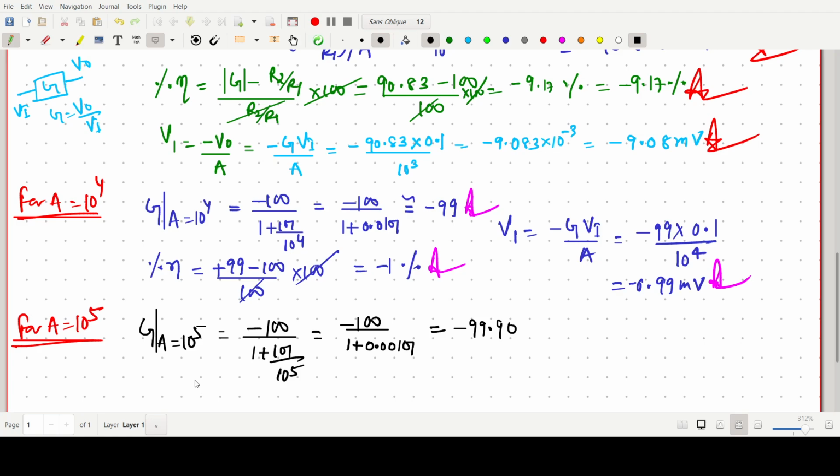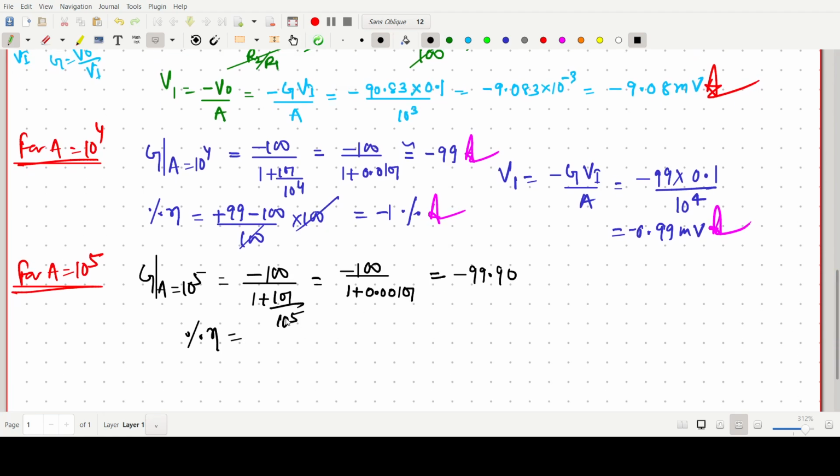Then we have to find the percentage relative error, that is G minus R2 by R1, divided by R2 by R1, into 100. The 100 cancels out, and we get 0.100 with a minus sign.